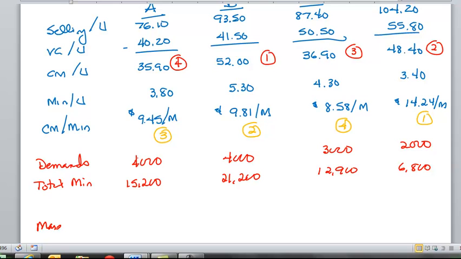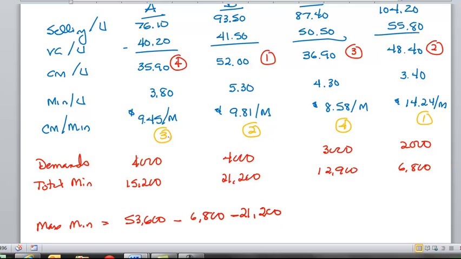So we're limited to a maximum of 53,600 minutes. So we know we can produce all of D, which is our number 1, because it takes a total of 6,800 minutes. We can produce all of B, our second priority, because it takes 21,200.